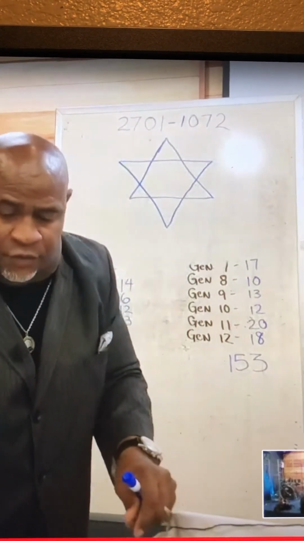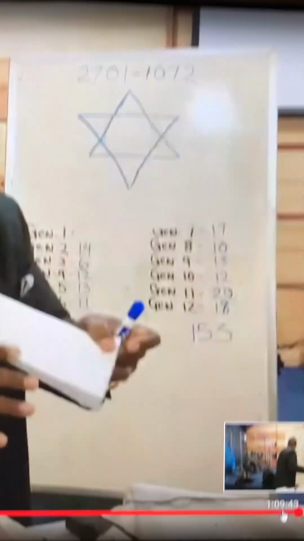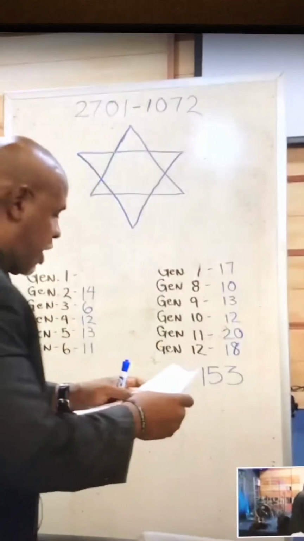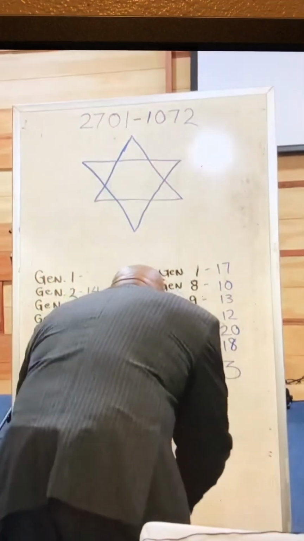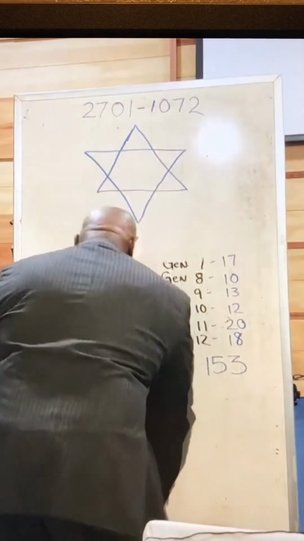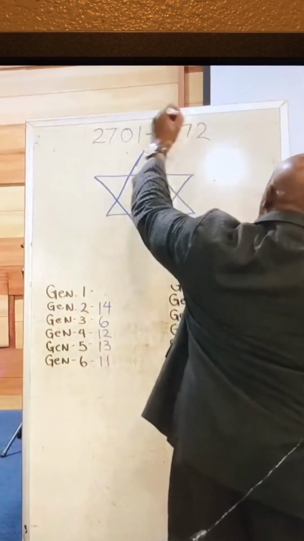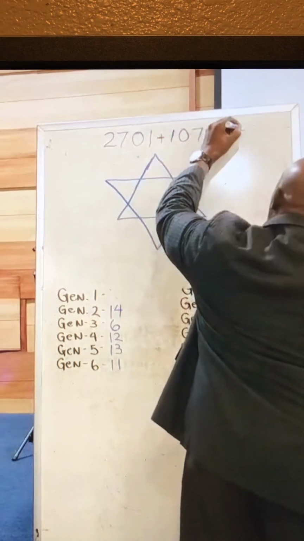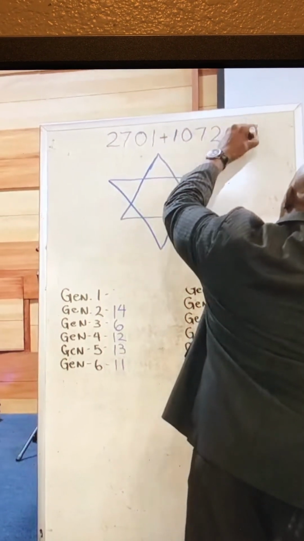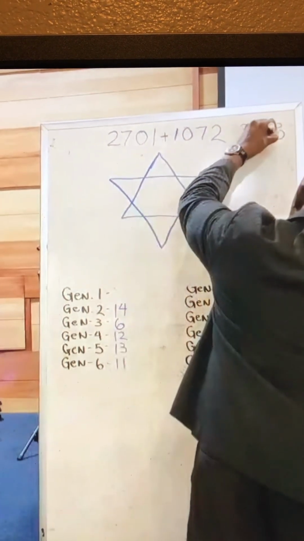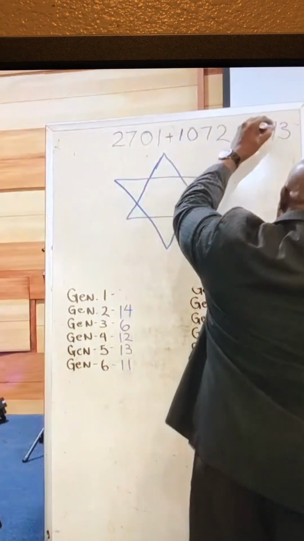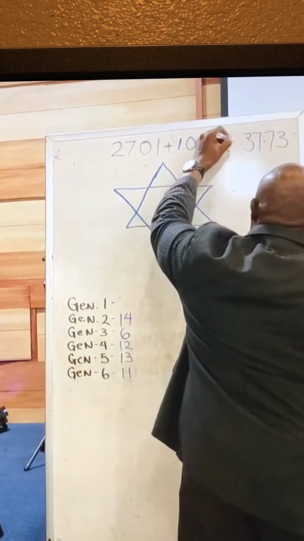I did this for you before I got here. What do these two numbers equal? If I added them together, they would be 3773, which 37 and 73 are both wisdom in Hebrew.